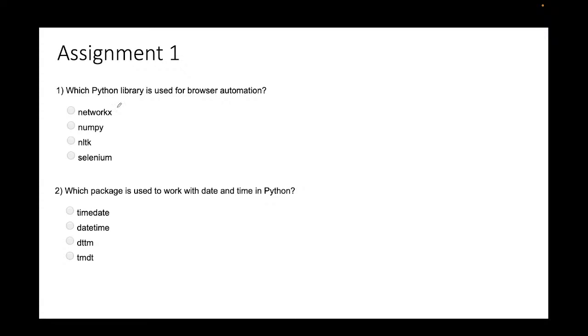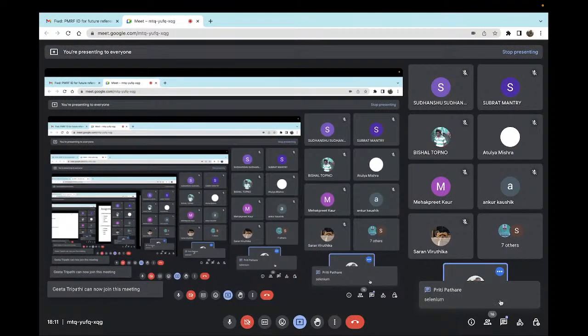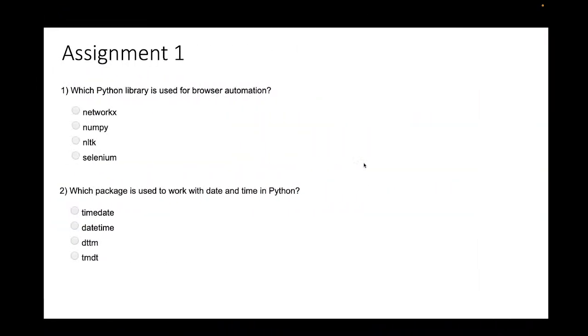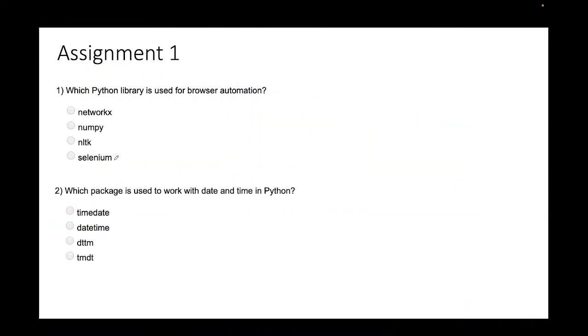Post your answers in the chat box. Okay, one of you has responded. The answer is Selenium. NetworkX is used for graphs, NumPy is used for numerical operations, NLTK is for natural language processing, and Selenium is for browser automation.